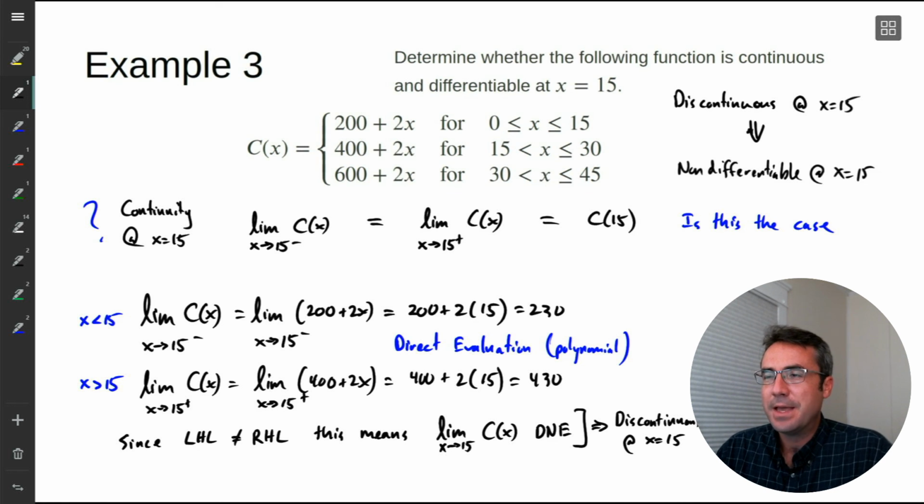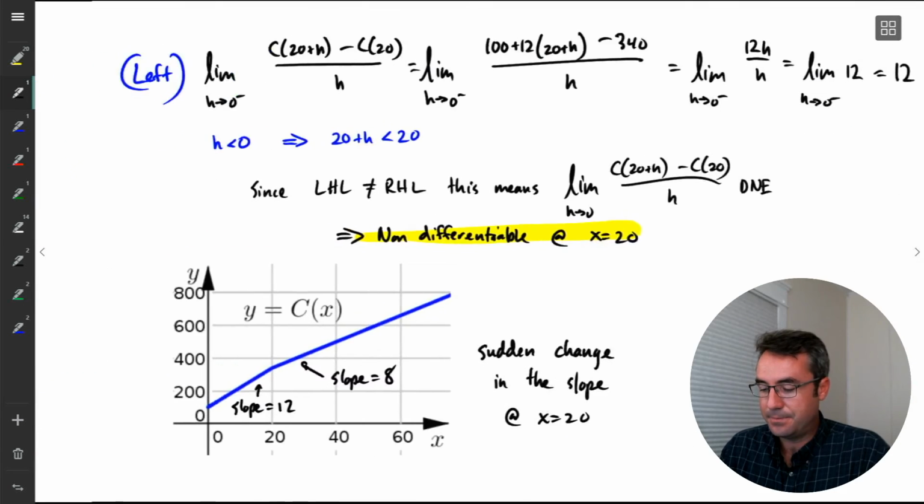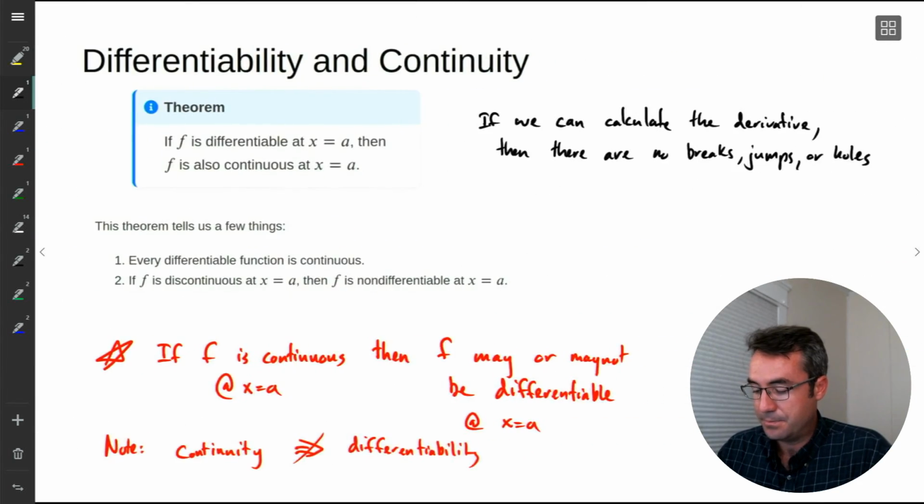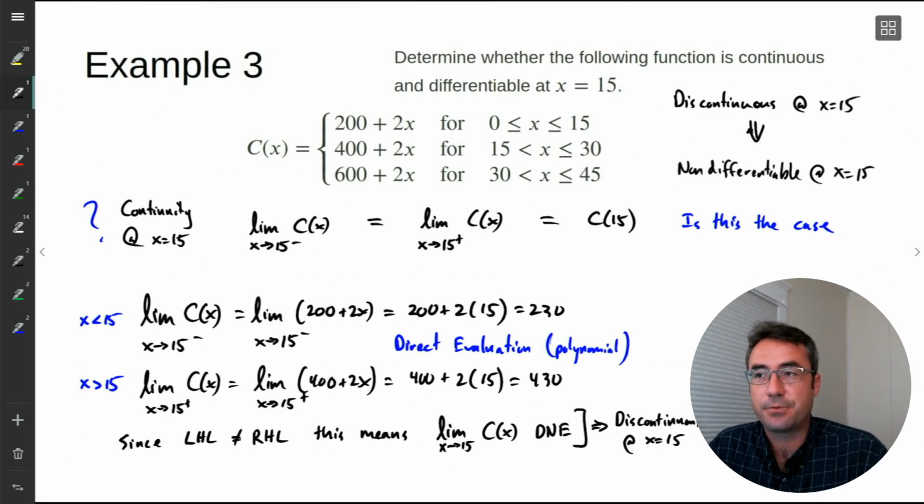All right, so these are different ways to check whether a function is non-differentiable or not. We could check it directly from the definition, like we did in example 2. We could show in example 3 that our function is discontinuous. And these are cases where we actually have a formula.